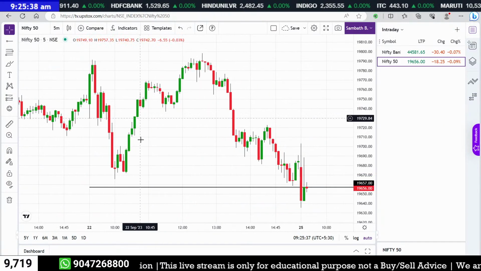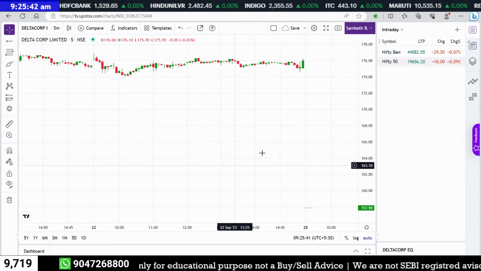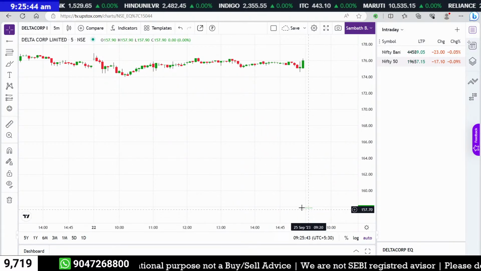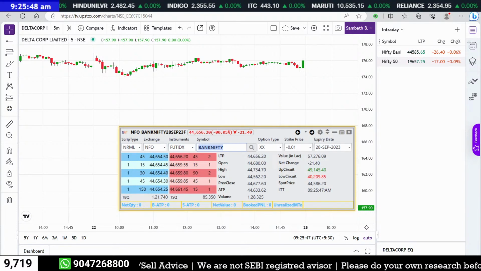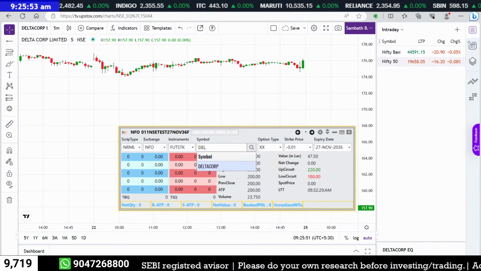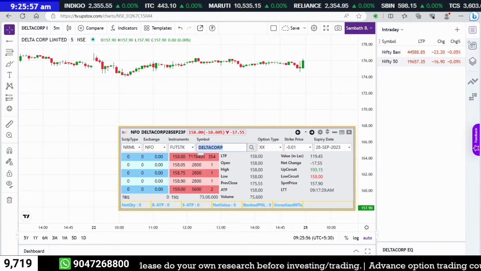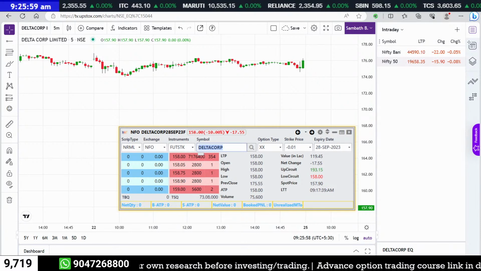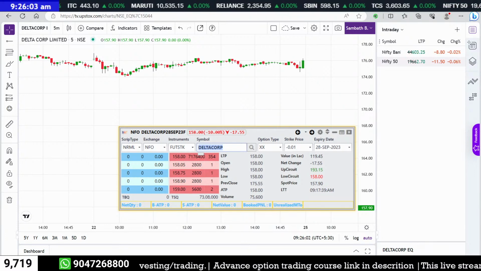I think there is no movement after the gap down on Delta top. Yeah, it is flat and at the lower circuit. I think no bias. Almost 17 points down.